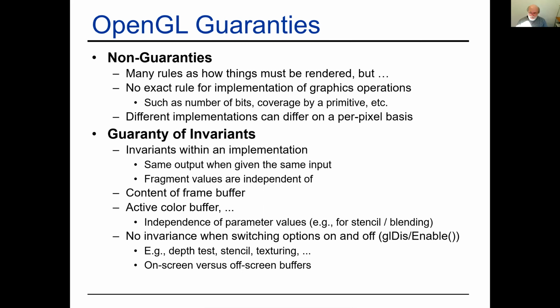It's probably too much detail to go into here, but just know OpenGL does guarantee some invariances of this sort, but it doesn't give any absolute guarantees about how exactly it performs its rendering.